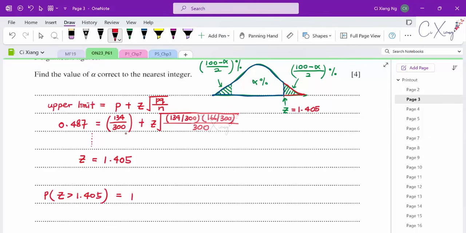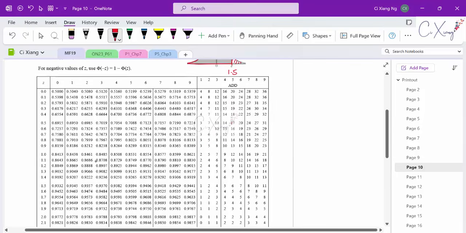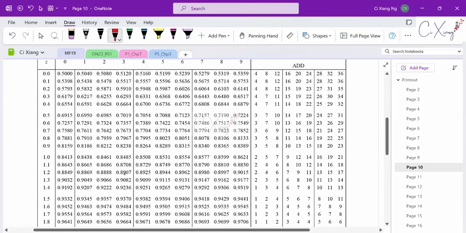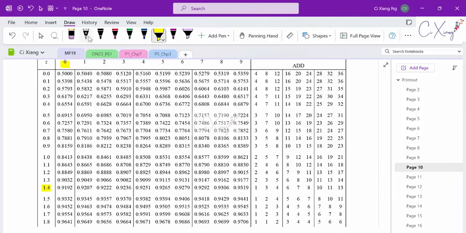Again, to find Z greater than 1.405, I have to take 1 minus the value that I get from my table. So 1.405, where's your 1.4? 1.40 is this one, right? So that means you should look for this value, 1.40 and then 5.